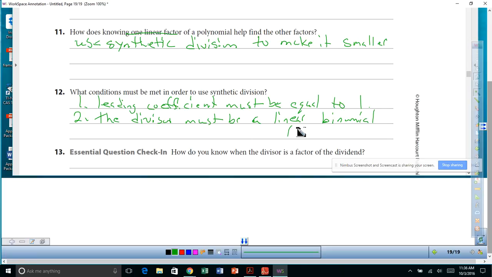What is meant by that is like x plus some number, and we'll just use a. That's a linear binomial. Essential question: how do you know when the divisor is a factor of the dividend? Well, when your remainder is 0.